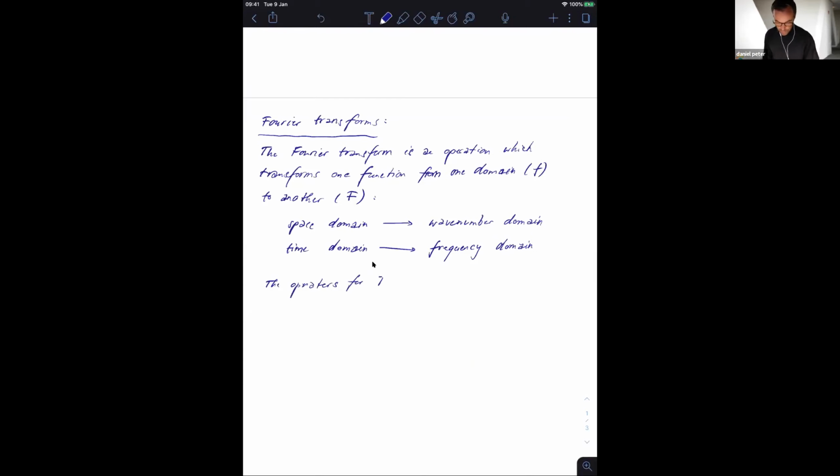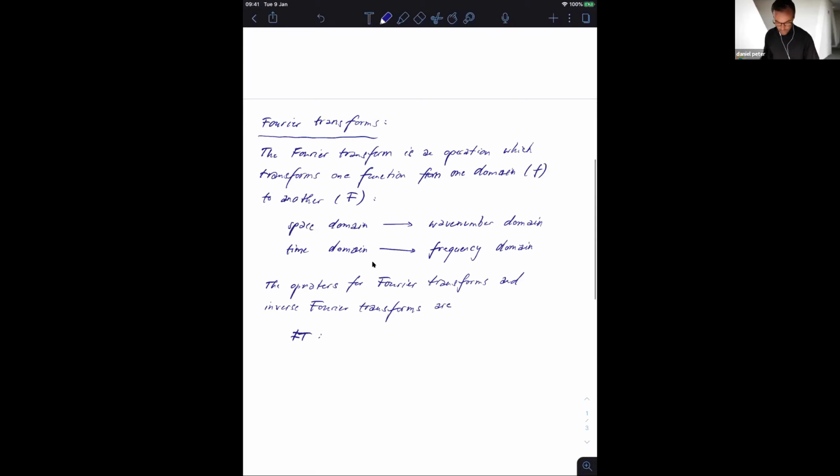You have the operators for Fourier transforms and inverse Fourier transforms. So we can write the Fourier transform FT as F of k.